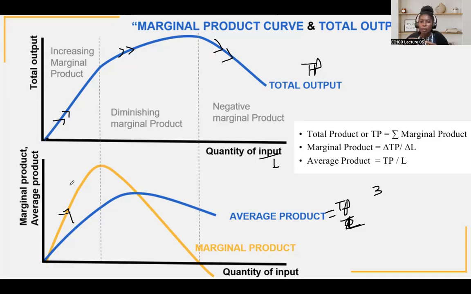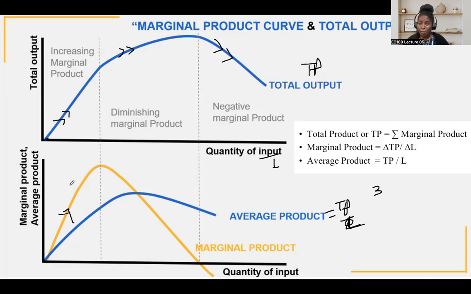It's like you only have one machine and then you have one laborer. One laborer can operate one machine. If you have two laborers on one machine, they can maybe specialize on other things, so they'll still bring more production. But if you have 3, 4, 5 laborers on the same one machine, it starts to become chaotic.